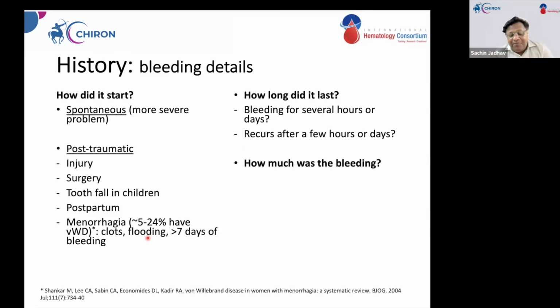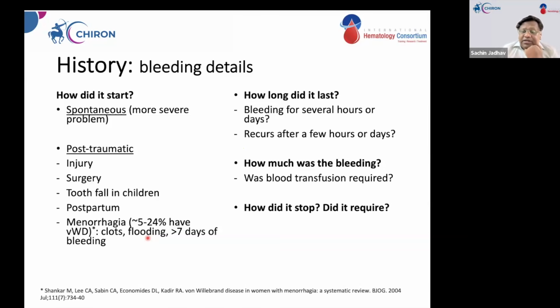You would also ask, how much is the bleeding? Was the epistaxis just a few drops? Or, menorrhagia, like I said, are there clots? And was it so much that the hemoglobin dropped and blood transfusion was required? How did the bleeding fundamentally stop at the end of it?